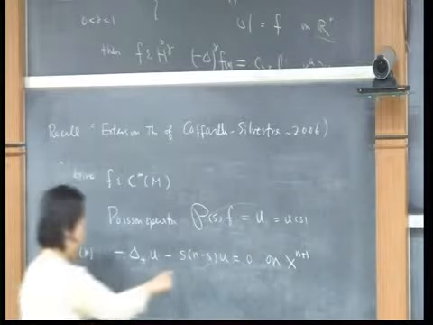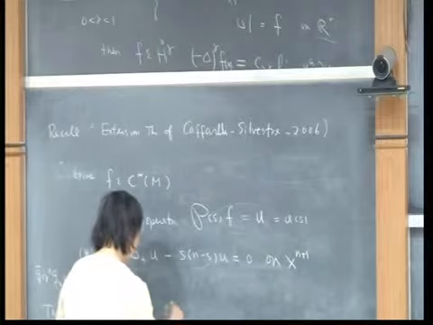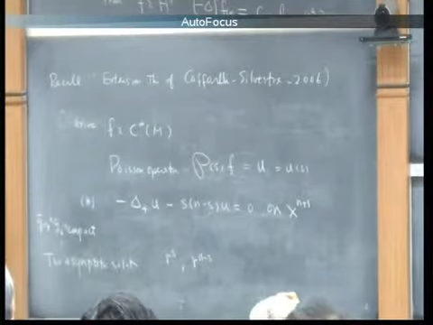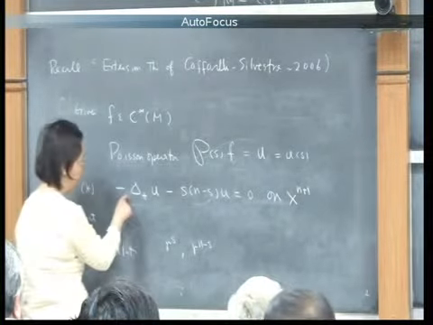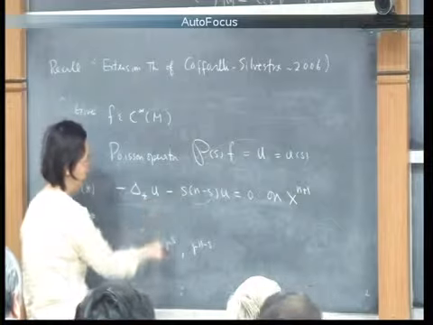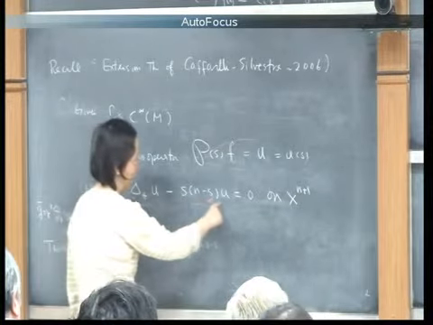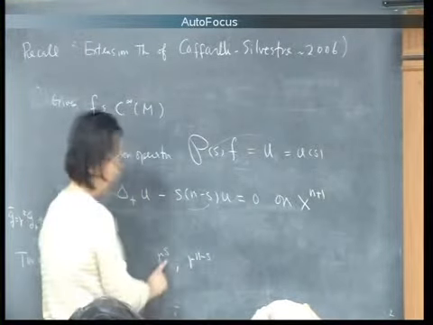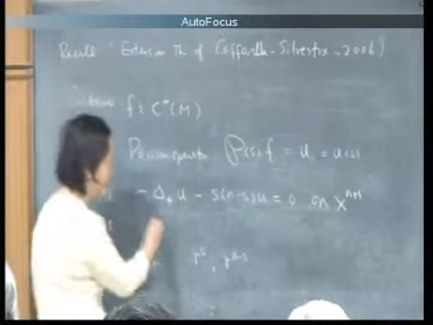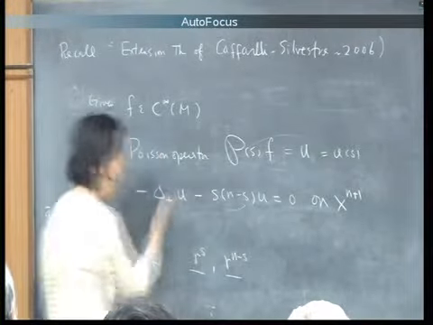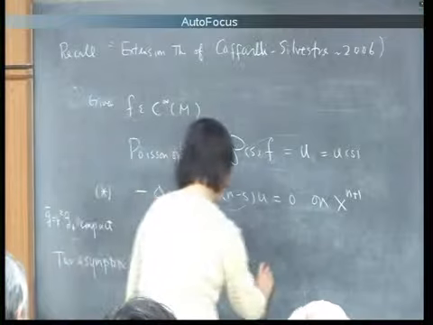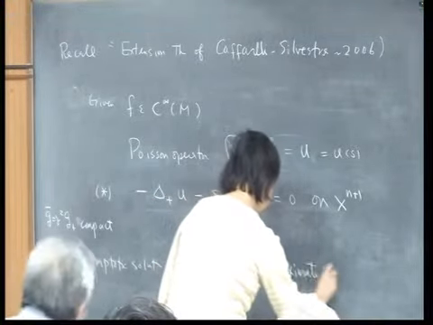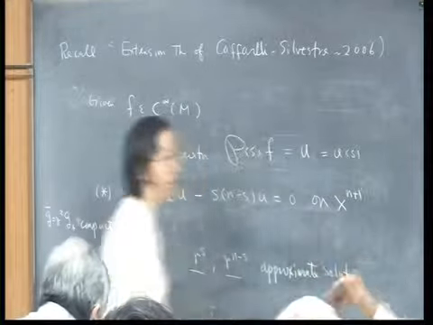And if one looks at this, one notices that r to the s and r to the n minus s both are asymptotic solutions. So if one looks at minus Laplace minus s(n minus s) applied to r^s, that's equal to 0 plus O of r^{s+1}, and so on. So both of these are approximate solutions in this asymptotic setting.